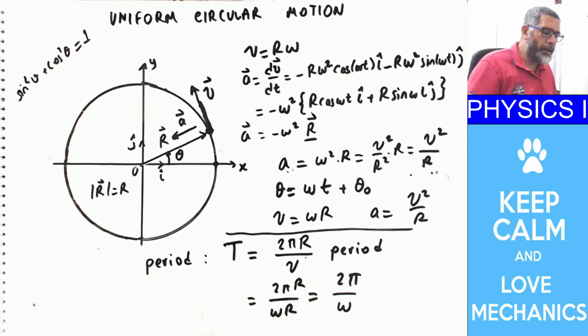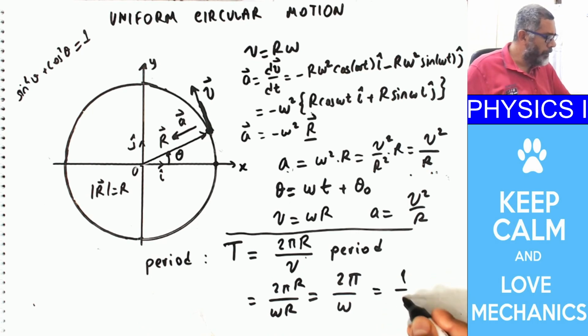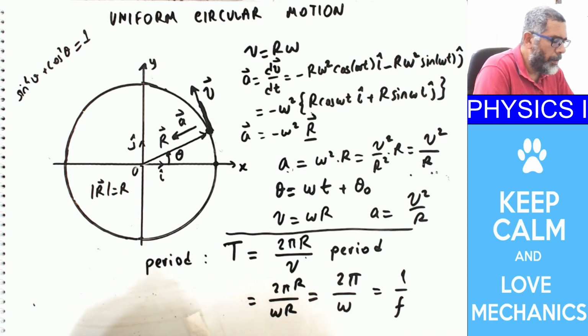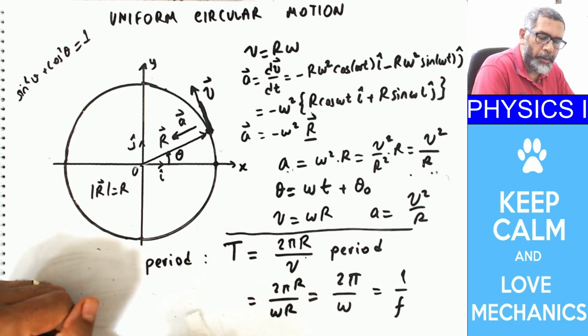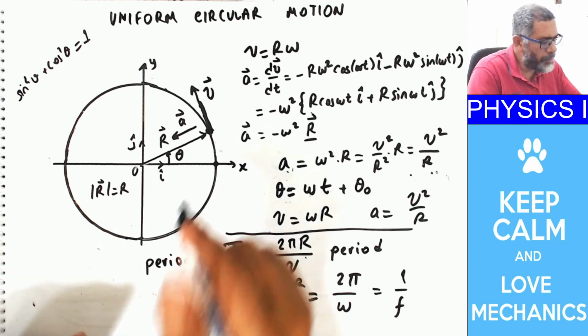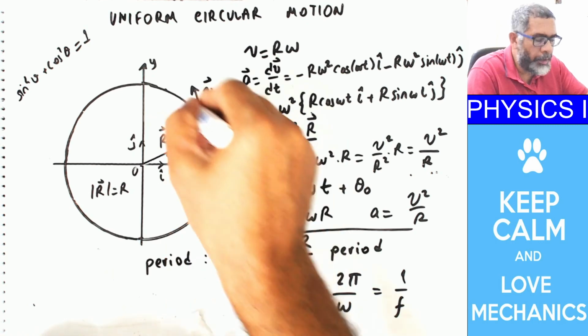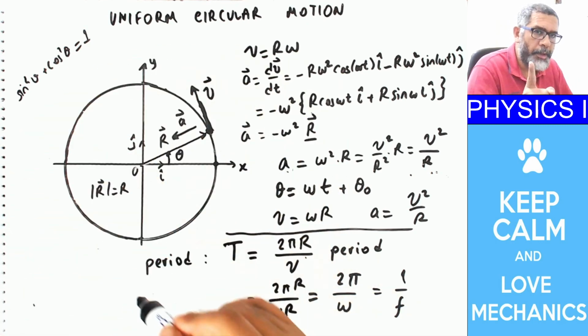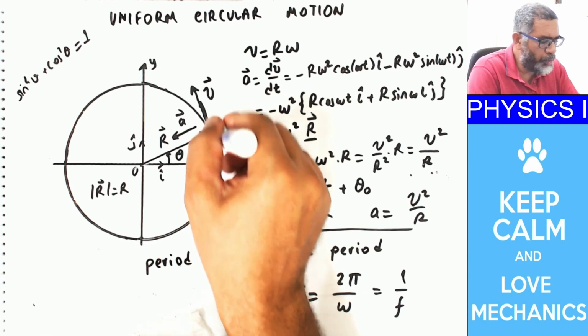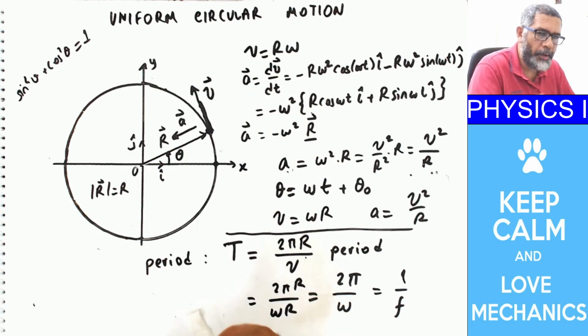But the period is the inverse of some other quantity which we call frequency. The frequency is defined as follows: if you look at your watch, run your clock for only 1 second, and count the number of turns that the object does in 1 second. For example, if the object makes 2 revolutions in 1 second, its frequency is 2 hertz.